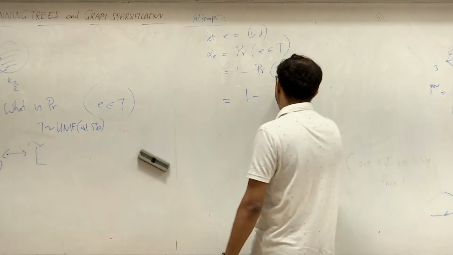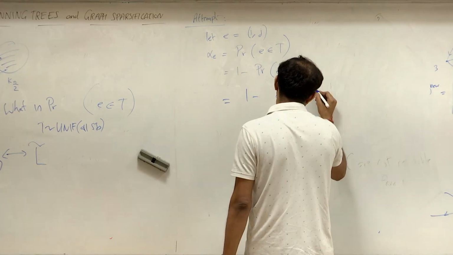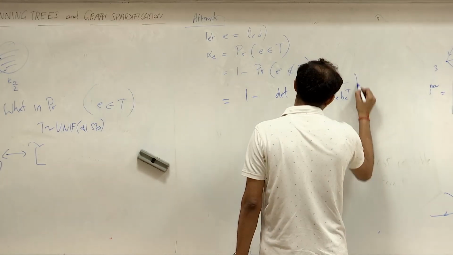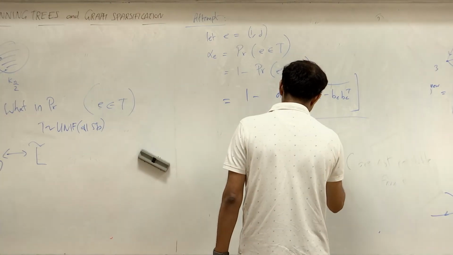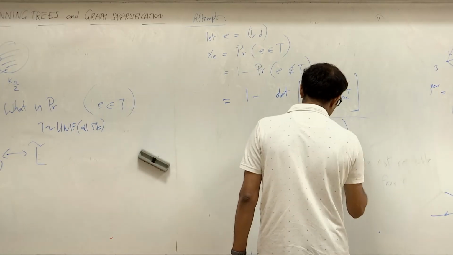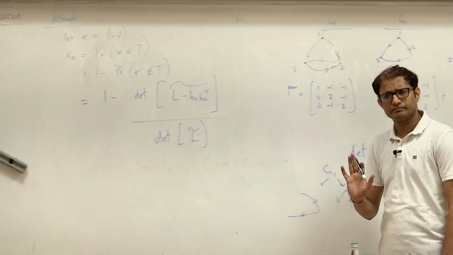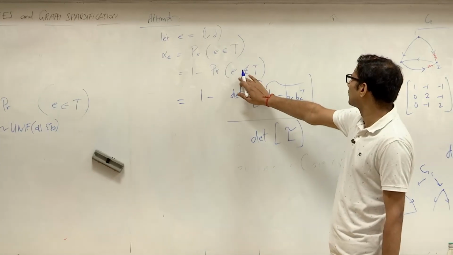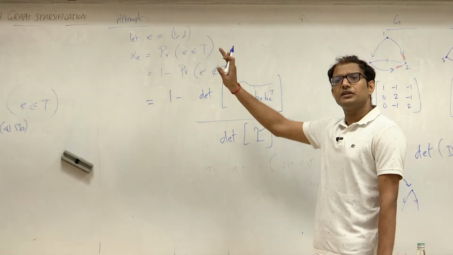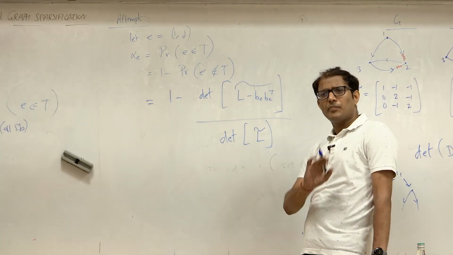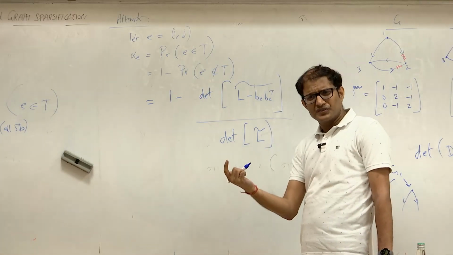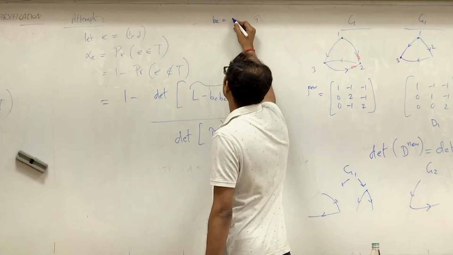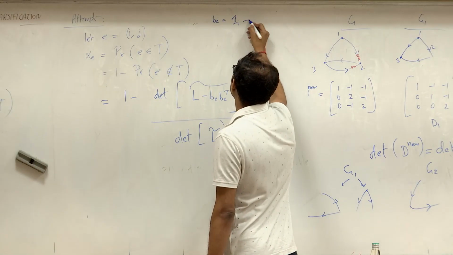Determinants of which matrix? Let's see. This is the determinant of L minus B_E B_E transposed, tilde, over the determinant of L tilde. You remember what B tilde is. The edge E, I dropped it from the graph. So I have to look at the Laplacian of the graph with edge E removed, which corresponds to dropping the mini Laplacian from the edge E. Mini Laplacians, if you remember, B_E was the vector 1_i minus 1_j.